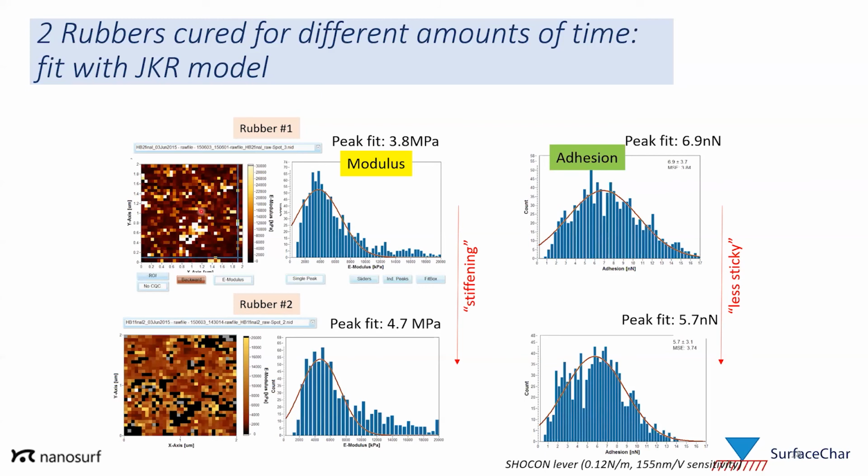We look at the modulus and adhesion and get a histogram of the values to understand what they are. Then the second rubber, which had been significantly cured, we can now measure again the modulus and adhesion, and we can see a stiffening and also less stickiness. The rubber has become stiffer and less sticky than the first one.